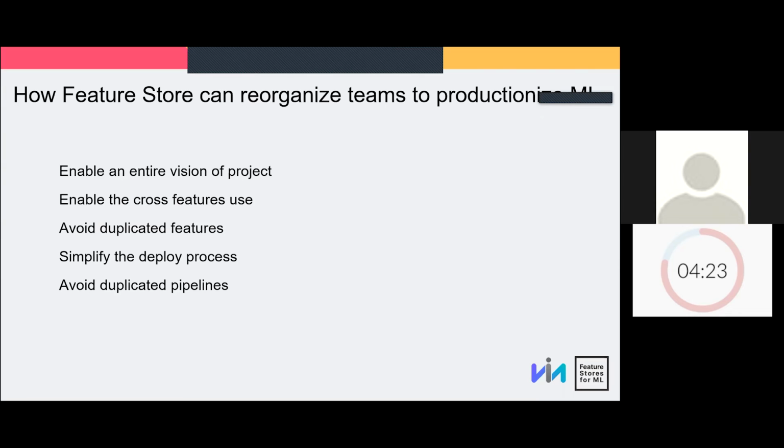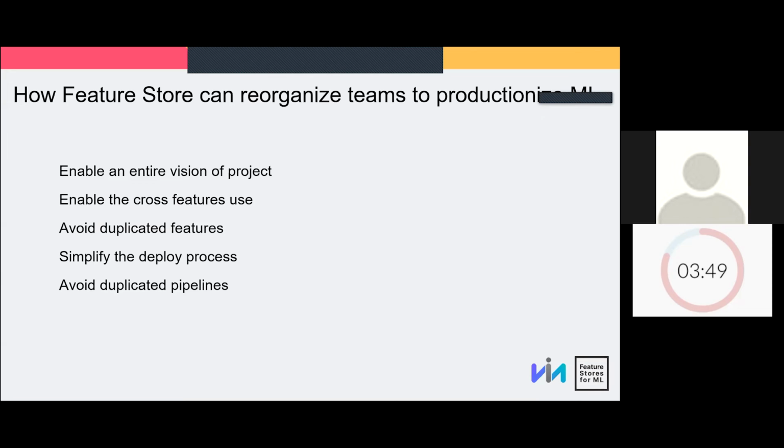Another point is simplifying the deploy process. When you have everyone working in the same environment with all features inside the same place, that's the feature store, changing a model from your development environment to a production environment is easier, because you don't have to be careful about things like which base my model is using, what the credentials are, or which storage I should connect to.